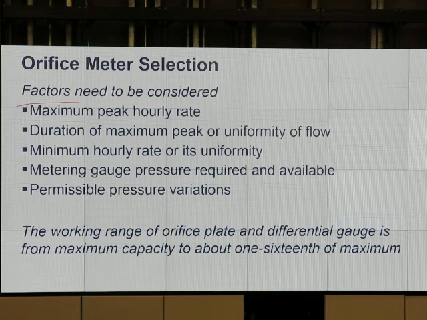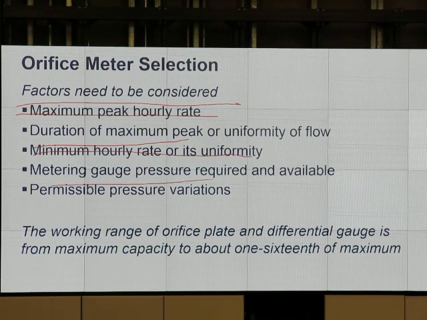Factors that need to be considered: maximum peak hourly rate, duration of maximum peak, minimum hourly rate, metering gauge pressure required, availability, and permissible pressure variable. We need to consider several factors. If the orifice plate is too small, we have too much pressure drop and it's not going to be an accurate measurement, and we lose too much pressure for no reason.